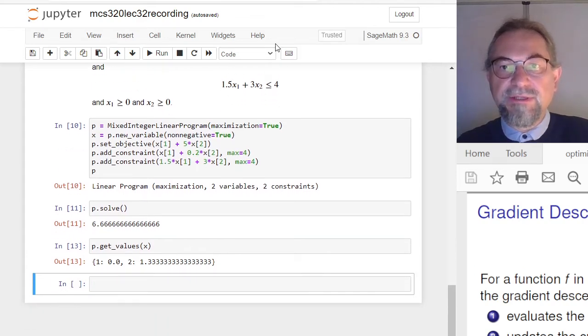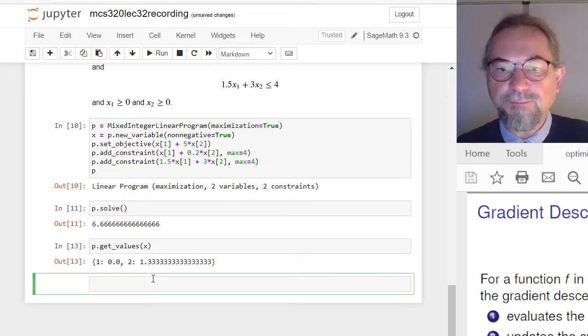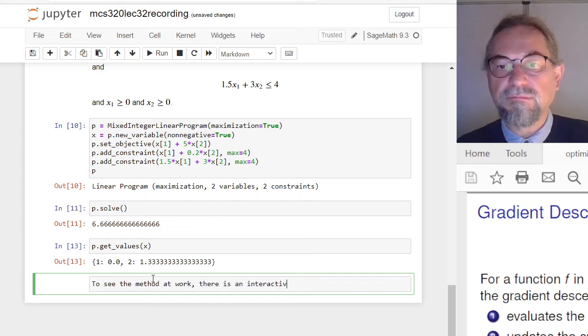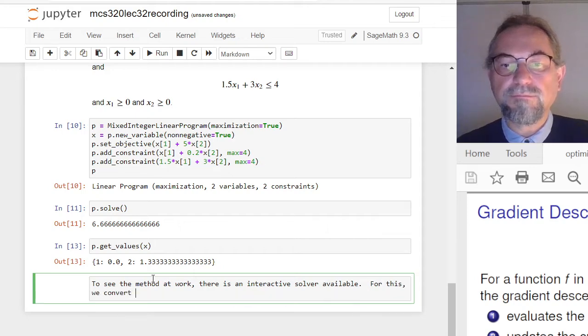Okay, so what I will illustrate now is how to solve this interactively. So to see the method at work, there is an interactive solver available. For this, we have to convert the problem in a standard form.